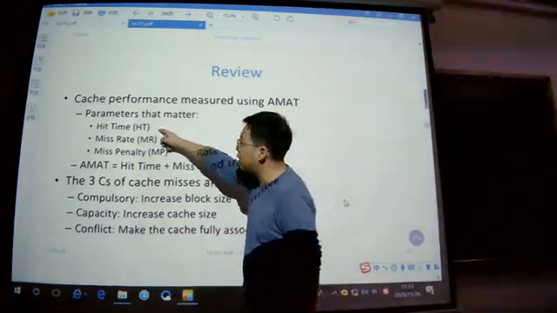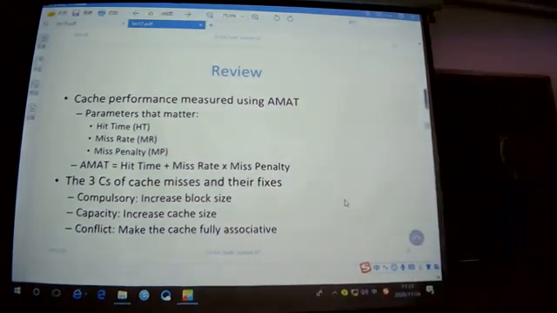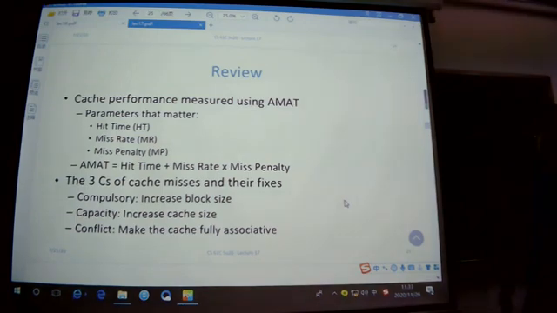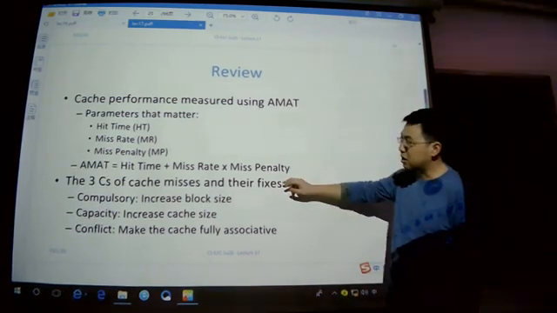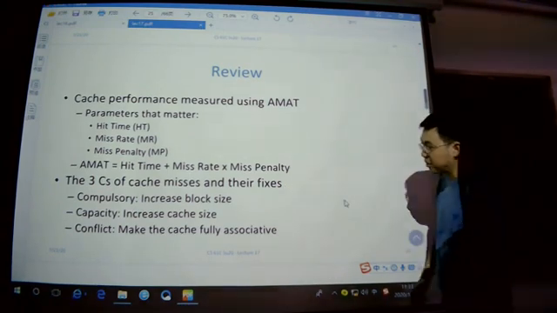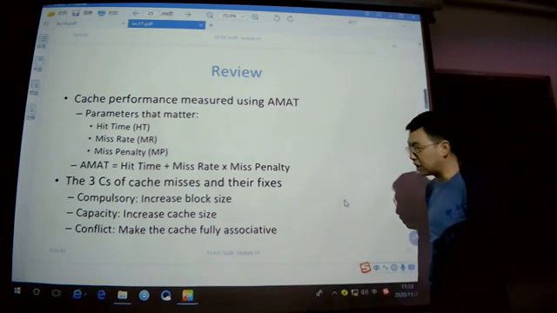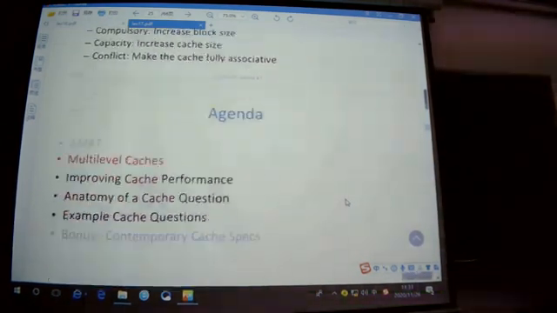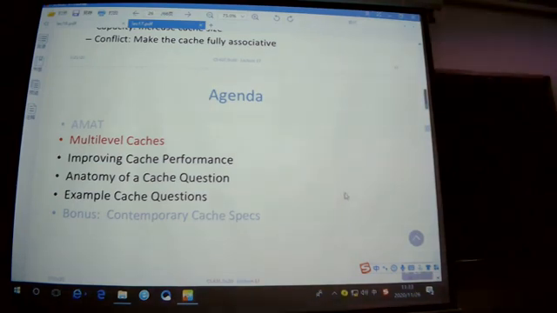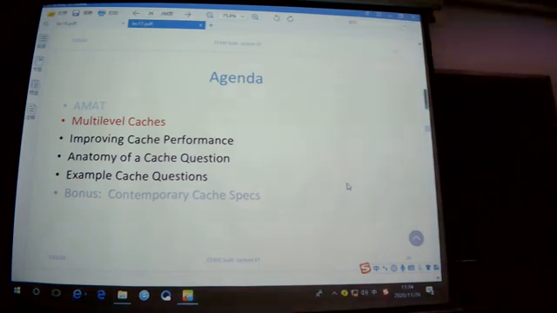Parameters that measure hit time, miss rate, and miss penalty, HT, MR, and MP, are 3 parameters. Yeah, this is the equation. The 3 C's of cache misses and their fixes: we can find compulsory, capacity, conflict. Okay, this is AMAT, so please remember AMAT.